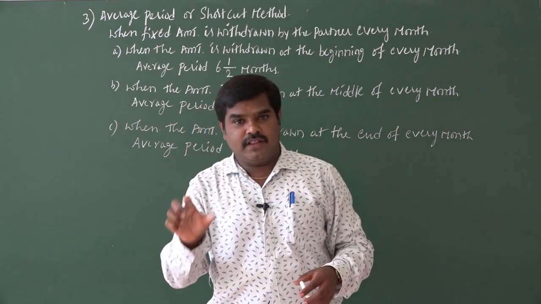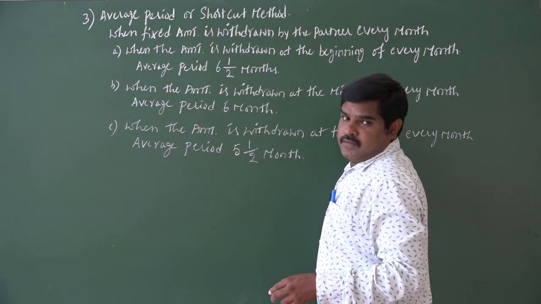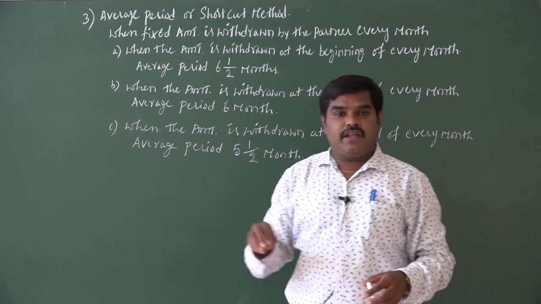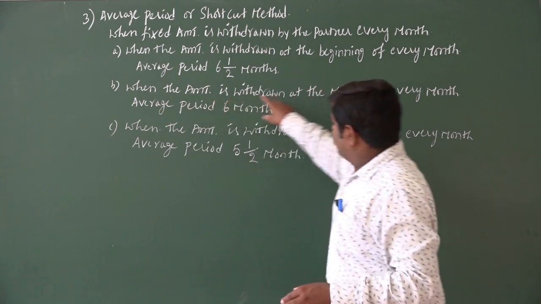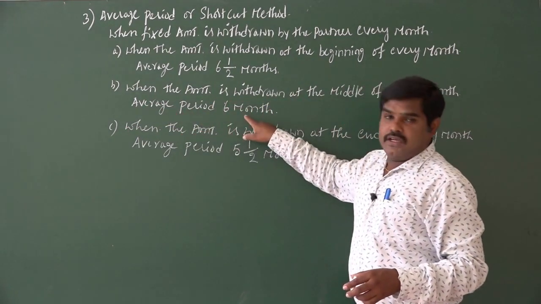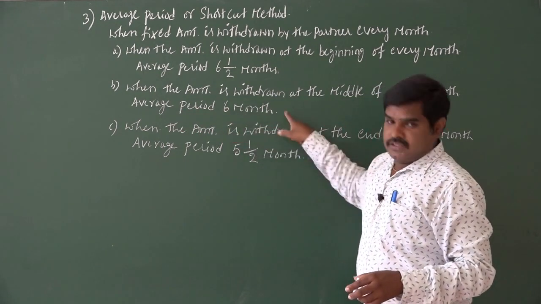Every month on the 15th day money will be drawn by the partner. Mr. X will draw 4,000 rupees on the 15th or middle of every month. So when the amount is withdrawn at the middle of every month, average period is 6 months. So we are going to calculate interest there for an average period of 6 months.